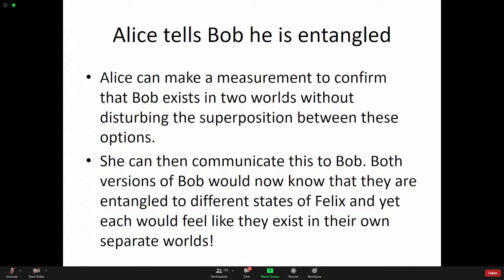And she can write this on a piece of paper and communicate it back to Bob. So now both of these Bobs, even though they're in an entangled state, are fully aware of the fact that the other copy, the other reality, the other amplitude, if you like, whichever language you want to use, exists simultaneously. And there's no contradiction here. It simply is what quantum mechanics tells us.